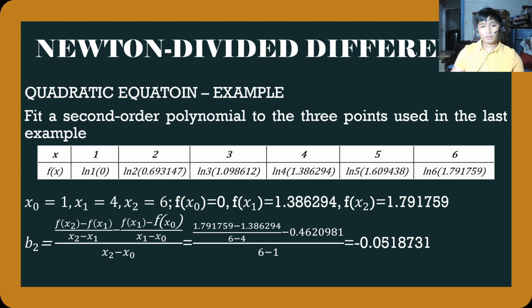Then calculating for the value of b sub 2, just plug in the values we have here.